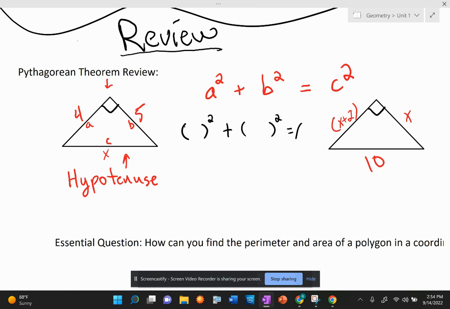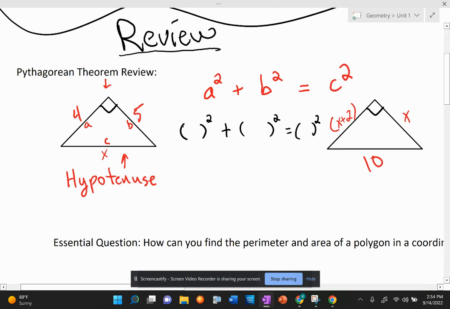So I've got a squared plus b squared equals c squared. The squared part is always the part that students forget. You've got to have your exponents in there. So a is 4, b is 5. Do we know what c is? We don't, so we'll just call c x.